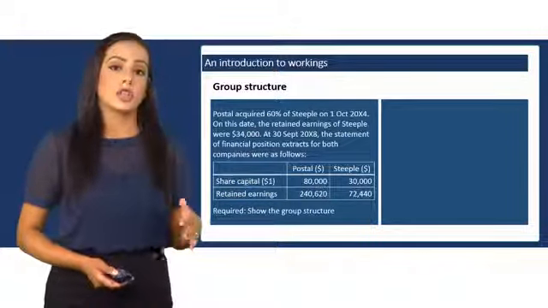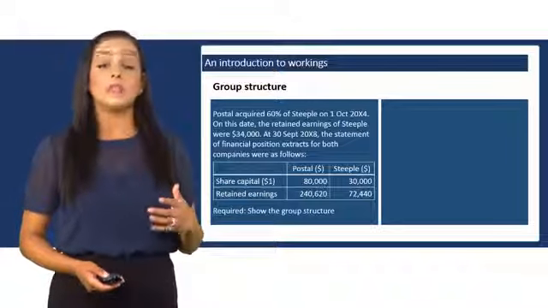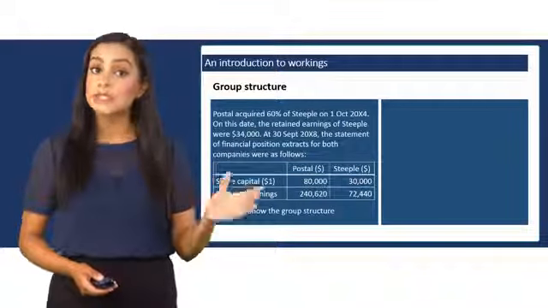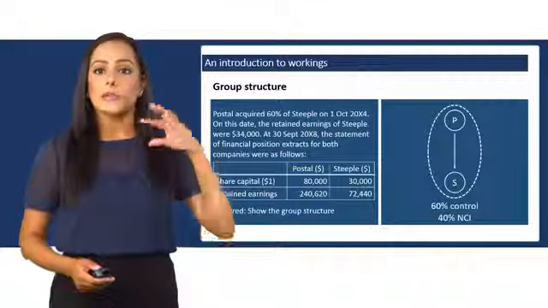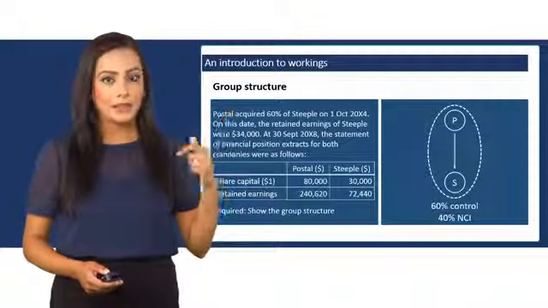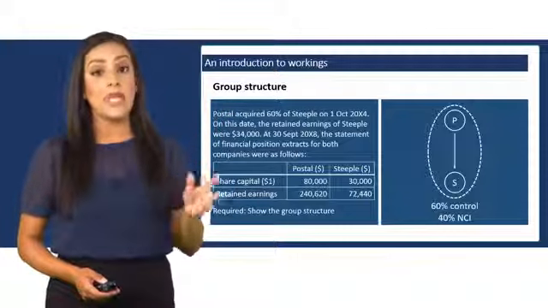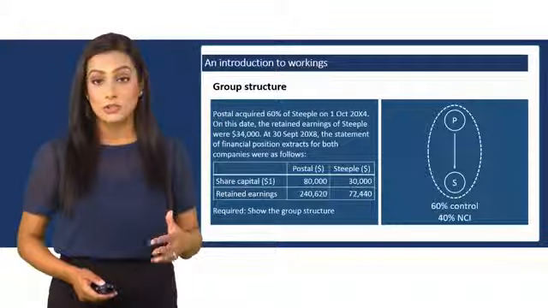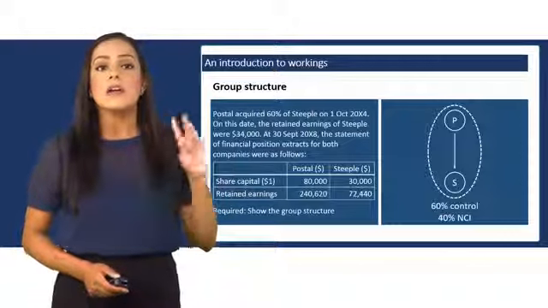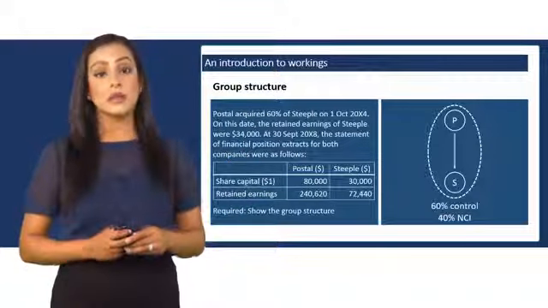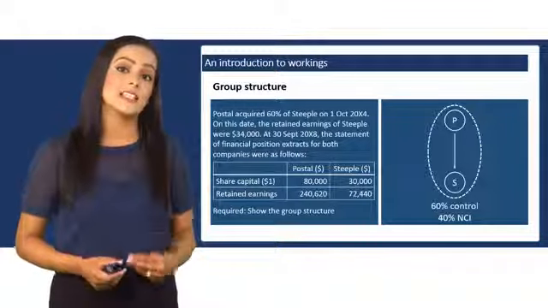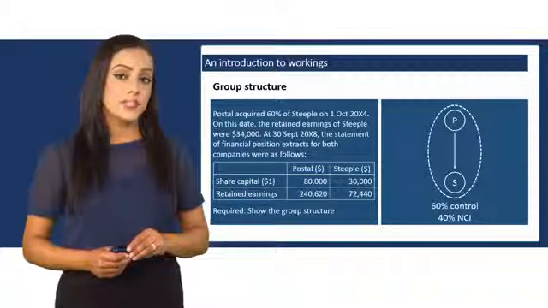The group structure aims to show the parent what the controlling interest is and what the non-controlling interest is. So we have P, Postal, the parent, and then the P owning shares in S, the subsidiary, Steeple. Since Postal acquired 60% of Steeple, that means that Postal has 60% control over Steeple.